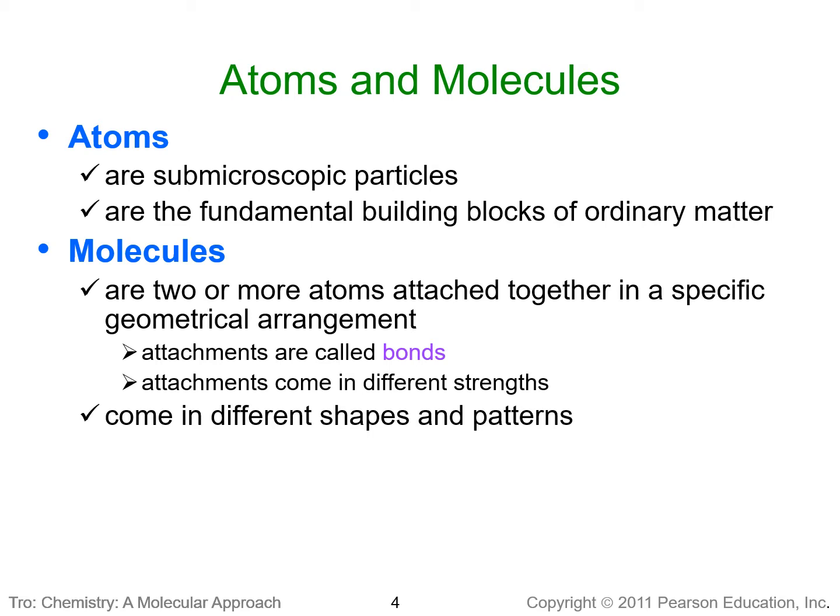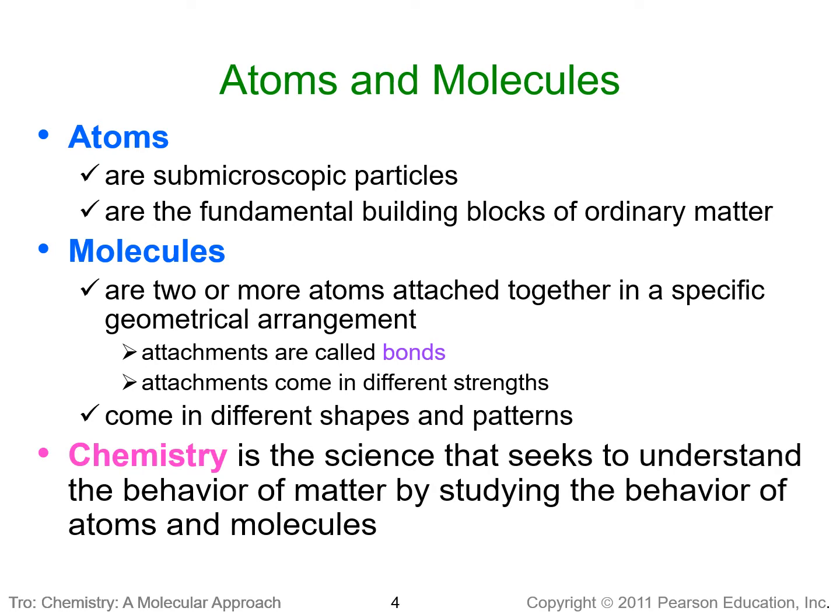So in our example of carbon monoxide and carbon dioxide, notice that they looked very linear, or one atom attached to another. In other molecules, they're not as linear. And again, this is something that we'll learn about in later chapters as to why and how and the shapes that they take.